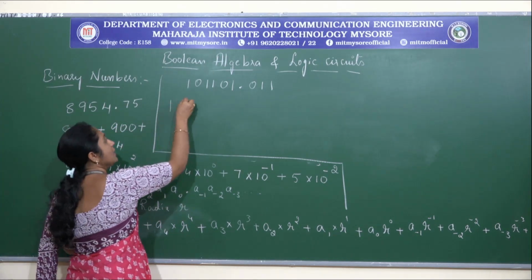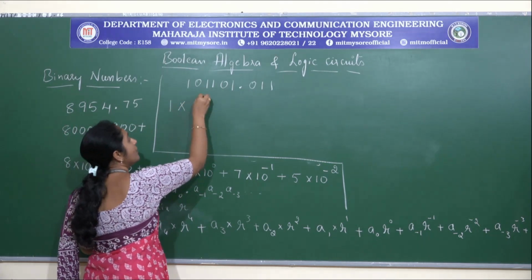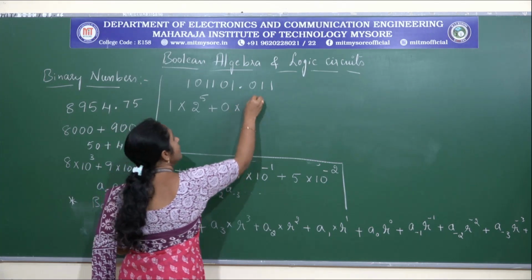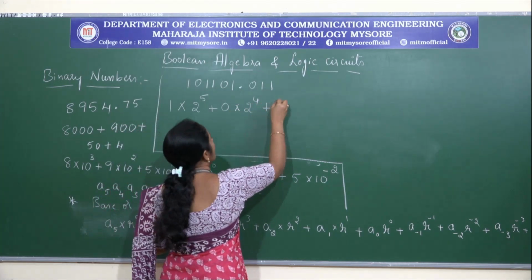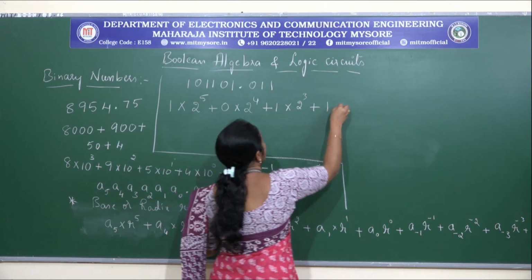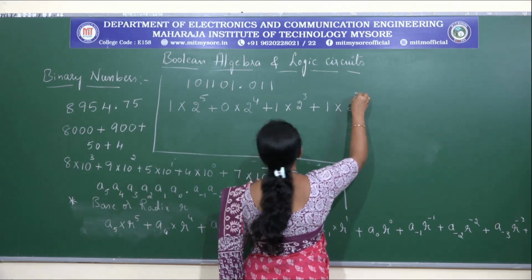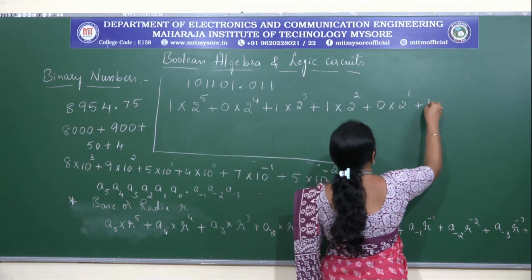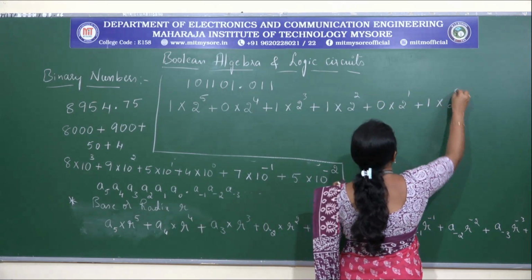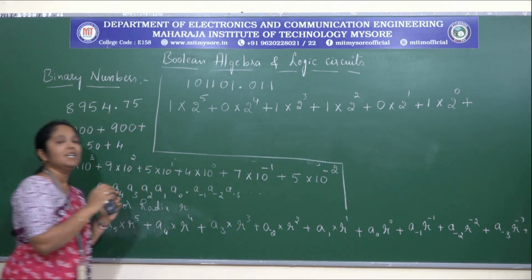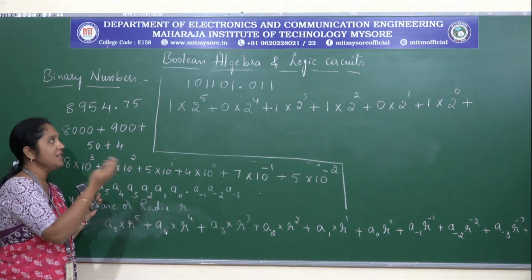Therefore, let us start: 1 into 2 power 5 plus 0 into 2 power 4 plus 1 into 2 power 3 plus 1 into 2 power 2 plus 0 into 2 power 1 plus 1 into 2 power 0 plus, next we need to consider the digits after the decimal point.